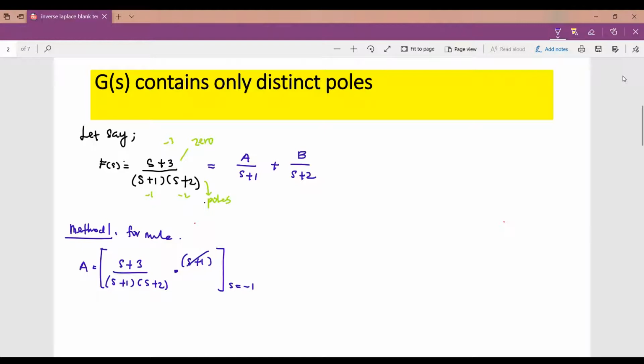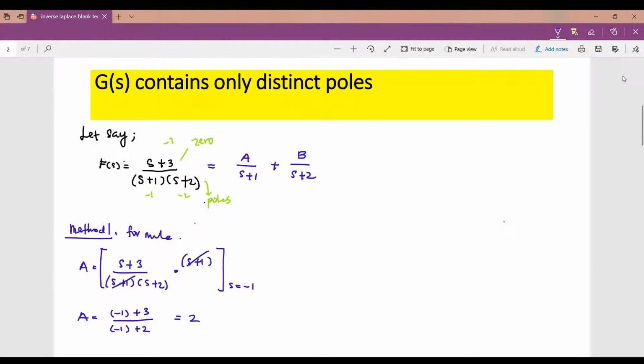So you can cancel this one and then you will get A. You substitute s equal to negative 1 into the equation, so negative 1 plus 2. When you calculate this, you will get A is equal to 2.